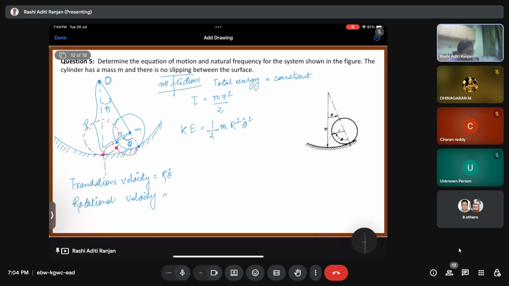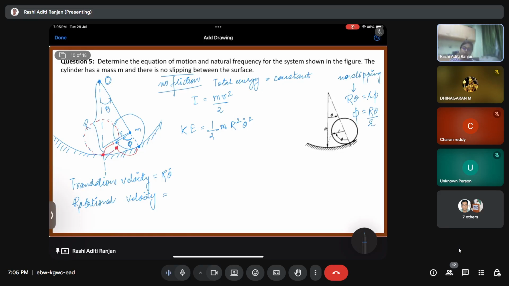From the no slipping condition, we get that capital R into theta is equal to small r into phi, since the distance traveled is the same. So phi with respect to theta is R theta by small r.